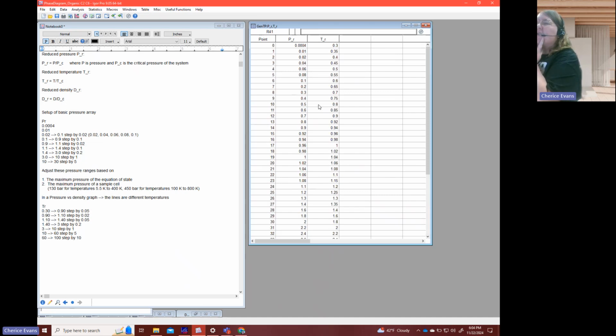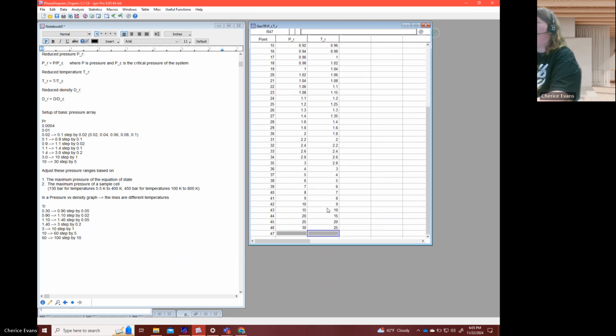Okay, so for reduced temperatures, 0.3 to 0.9 by 0.05, 0.9 to 1.1 by 0.02, 1.1 to 4 by 0.05, yep, 4 to 3 by 0.2, 3 to 10 by 1, 10 to 60 by 5, and then 70, 80, 90, 100.